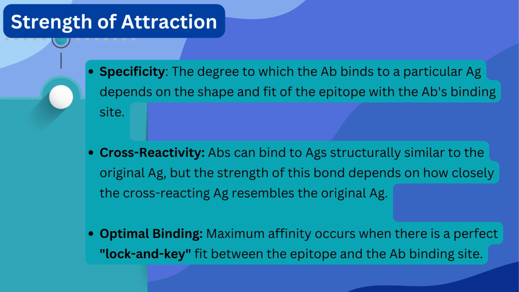Sorry for that. So here, the strength of attraction, guys, is largely dependent on the specificity, cross-reactivity, and optimal binding. Specificity is largely dependent on the binding of an antibody to a particular antigen as governed by the shape and fit of the antigenic determinant or the epitope, while cross-reactivity is based on the structural homology of antigens.